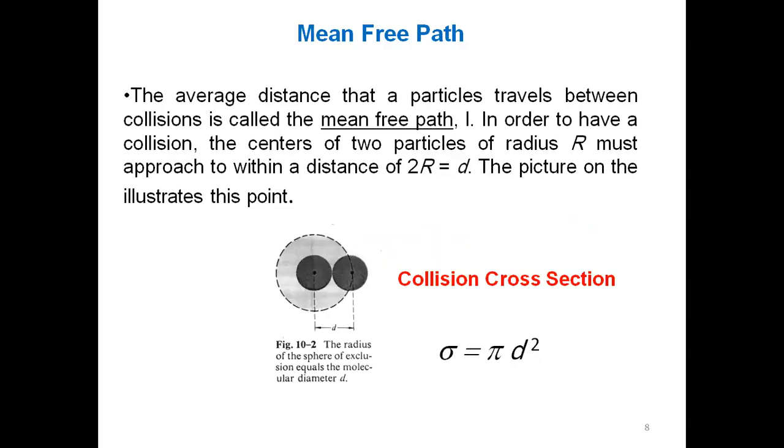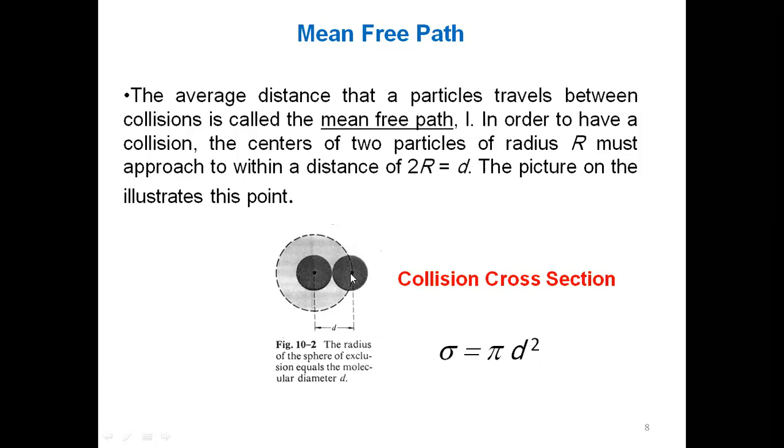In order to have a collision, the centers of two particles of radius r, this is particle 1 and particle 2, or molecule A and molecule B, must approach to within a distance of 2r.